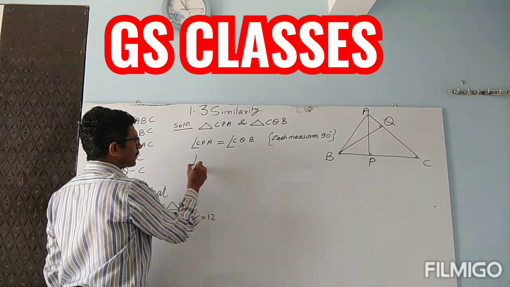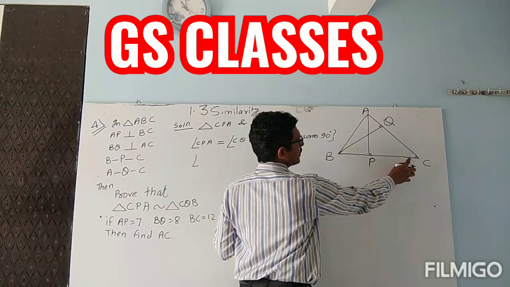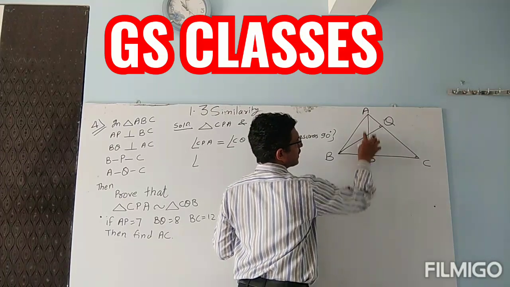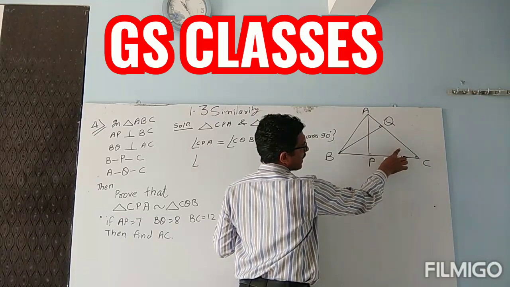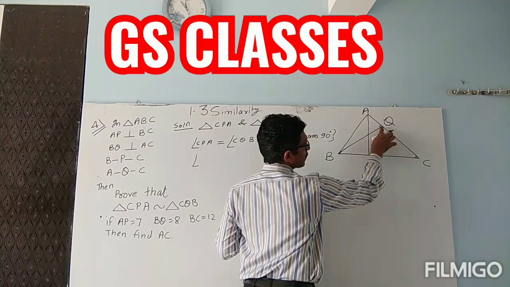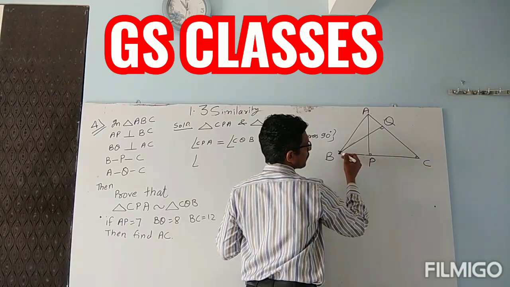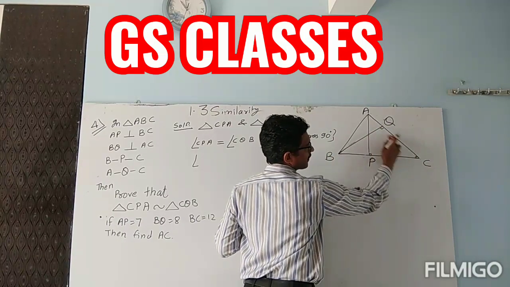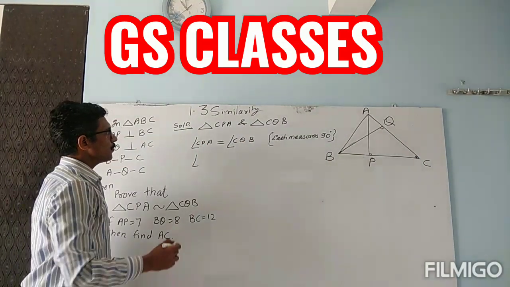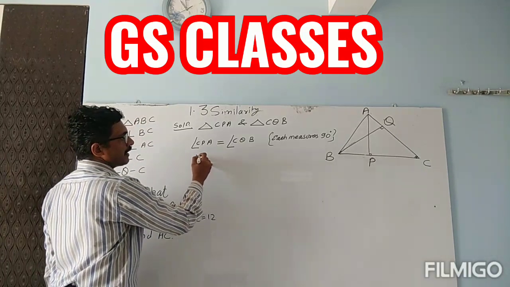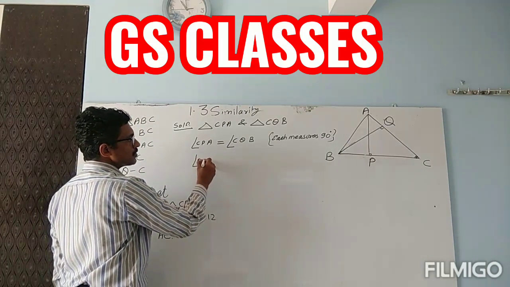Children, after this, in both these triangles, triangle CPA, this triangle, and triangle CQB, I will write this way. Triangle CQB, this triangle. This angle C is what? Common. So we will now write here angle QC.